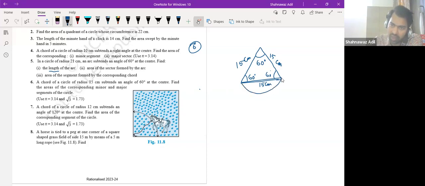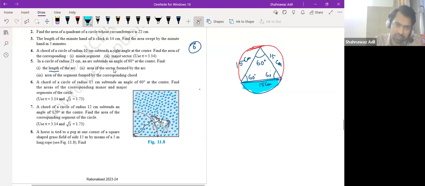So we have to find out this minor segment and the corresponding major segment.